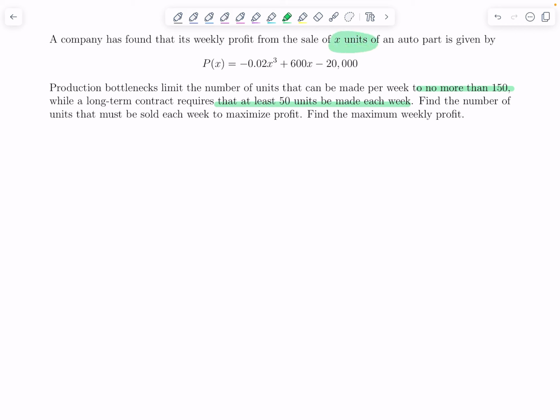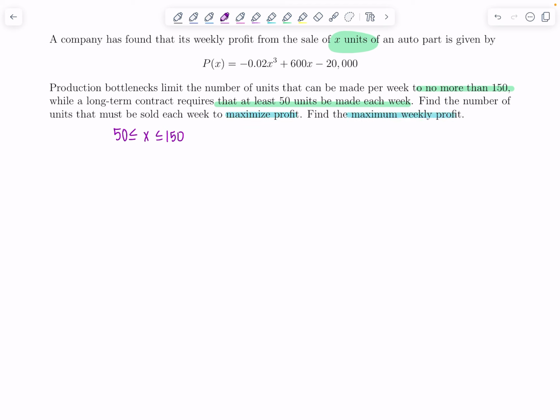Remember, x is the number of units. So x has to be less than or equal to 150 and greater than or equal to 50. Find the number of units that must be sold each week to maximize profit, and then find the maximum weekly profit.